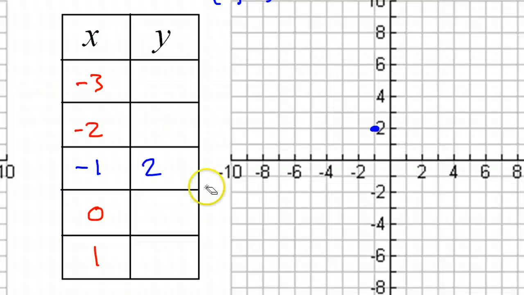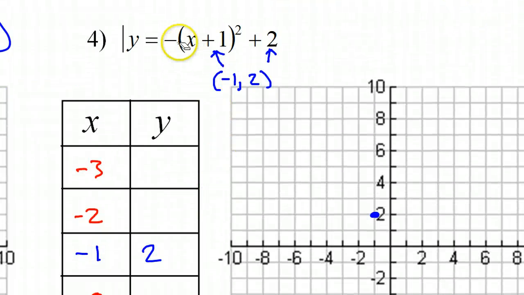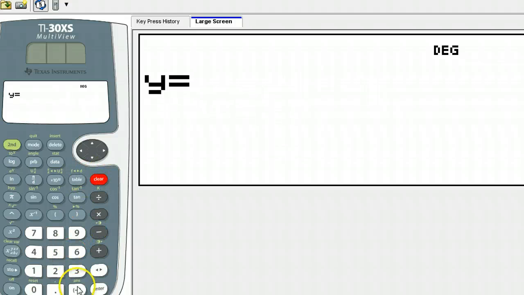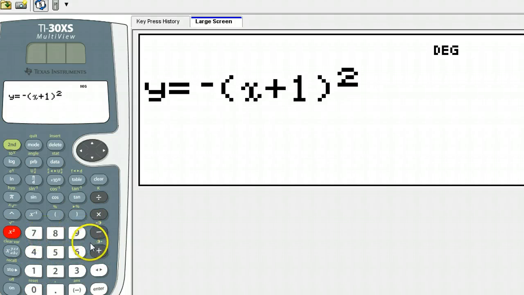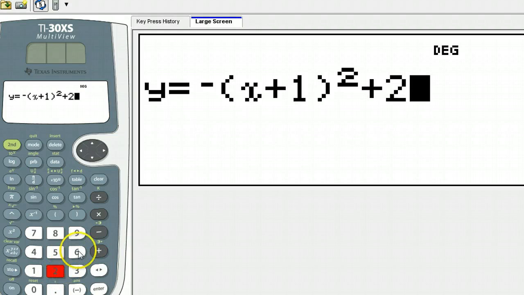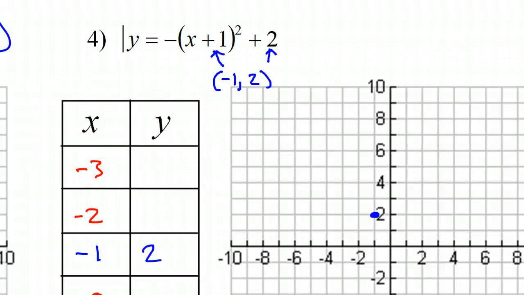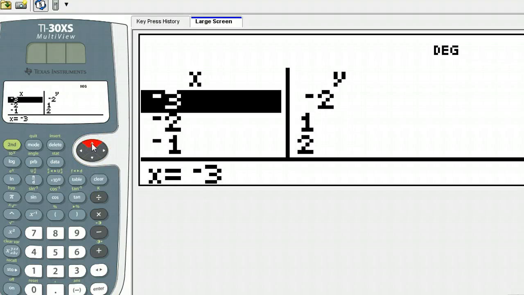So let's see. The equation is negative x plus 1 squared plus 2. So go to your table function, and we'll do negative x plus 1 squared plus 2. Hit enter 5 times. 1, 2, 3, 4, 5. Alright, this table starts at negative 3, so let's go ahead and scroll to negative 3. So the y values are negative 2, 1, and 2.